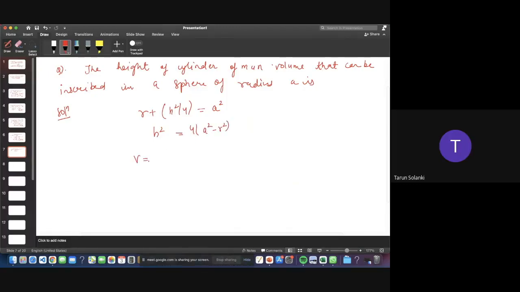So V = πr²h, which equals π(a² − h²/4)h. So finally it will be π(a²h − h³/4), right?